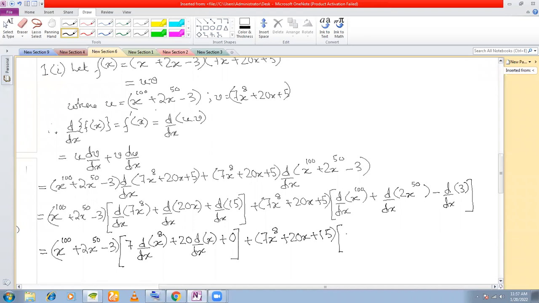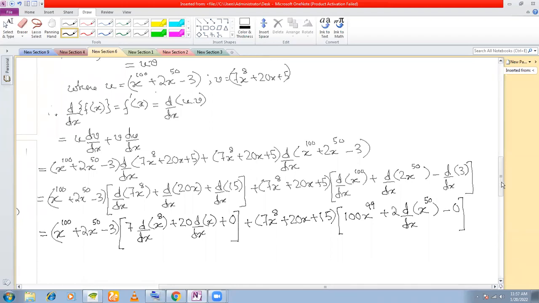And here you can differentiate x to the power of 100 by the d/dx of x to the power of n rule, which is nx to the power of n minus 1. So 100x to the power of 99. Plus, again 2 is a constant, you can take this out, right? It says 2 d/dx of x to the power of 50 minus 0, right?